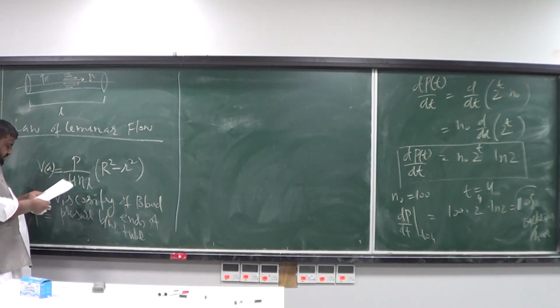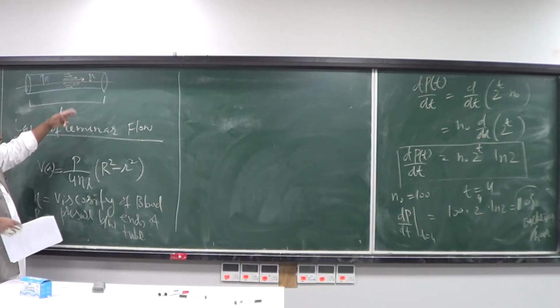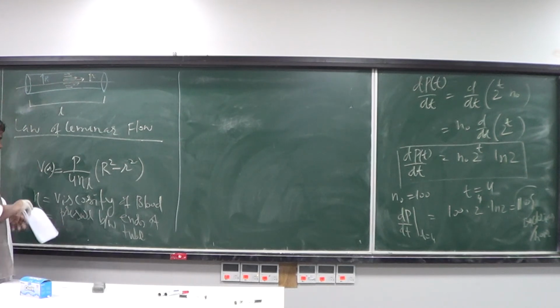L is the length, which is constant, and the radius is constant as well.